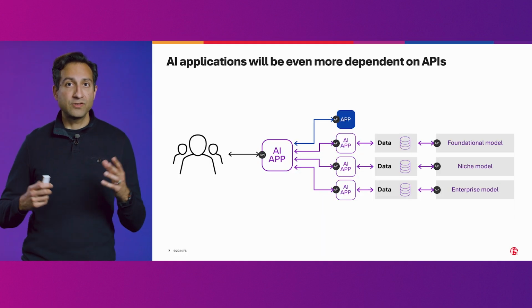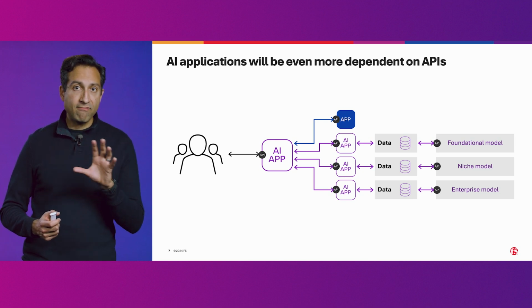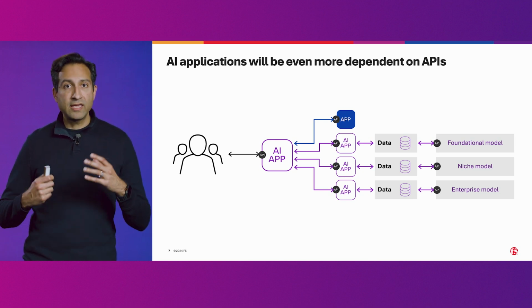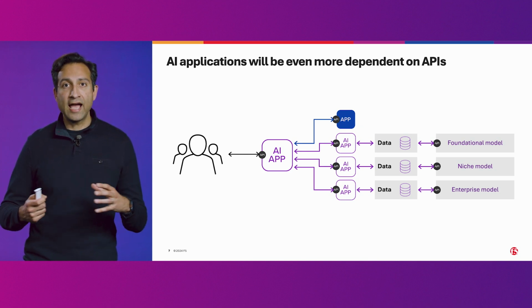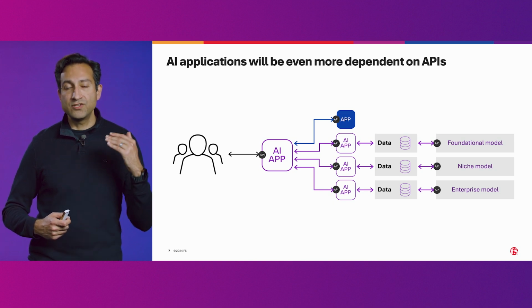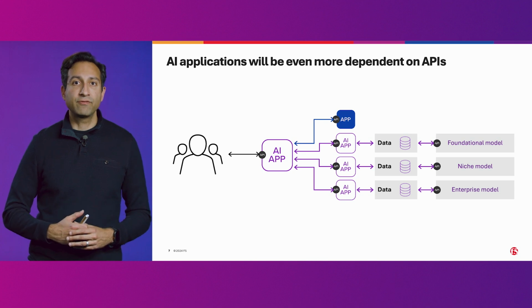Now, when you put it together, the way that organizations are gluing everything in their environment right now is with APIs. So again, if I look at the ecosystem right now, or I look at the way that an AI application is composed, this AI application is made up of many services, many APIs that are designed to collect and pull and aggregate all sorts of information.